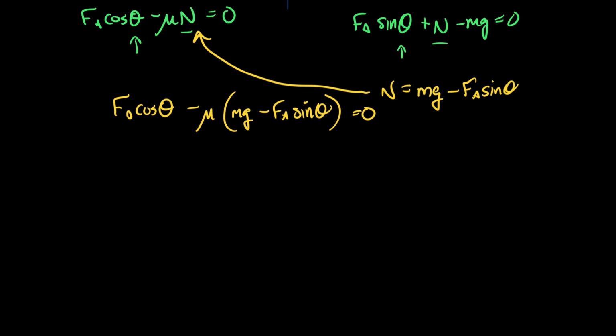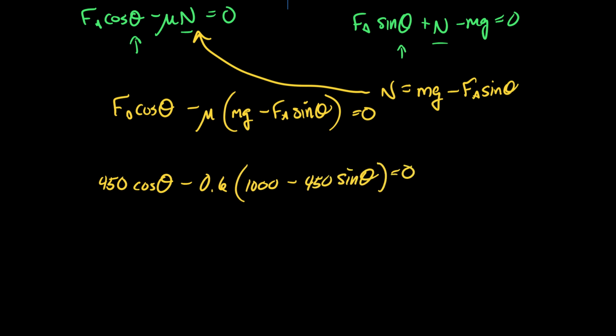Here's where I don't think you can solve this. You have numbers, you can put all the numbers in you want: 450 cosine theta minus 0.6 times (1,000 minus 450 sine theta) equals 0. This was a lot of work to get here, but I'm not sure what you would do with this.